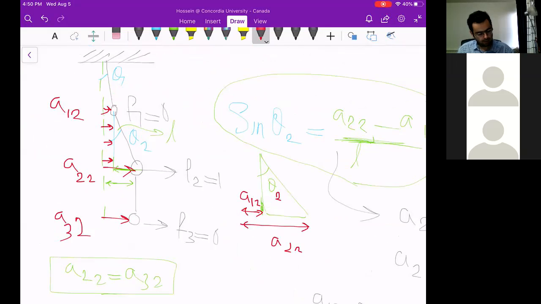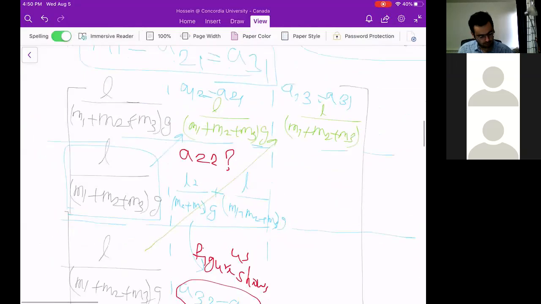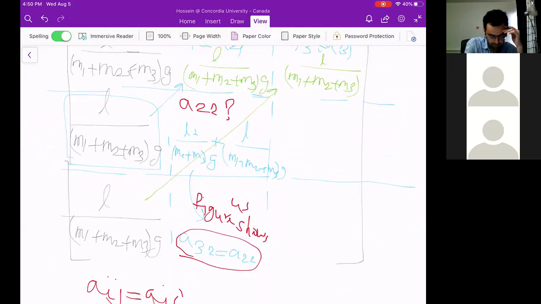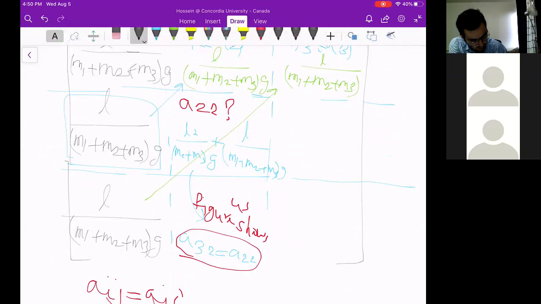Before filling out the last column, it is better to check the reciprocity theorem to see if you could fill out the matrix. So here, this one is A23.